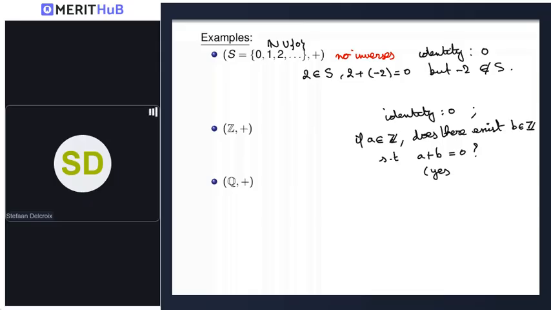And in fact, what should b be? You might say, well, isn't that exactly the notation that you used before? Yes, that is the notation. So we have inverses. Let me write, we have additive inverses.